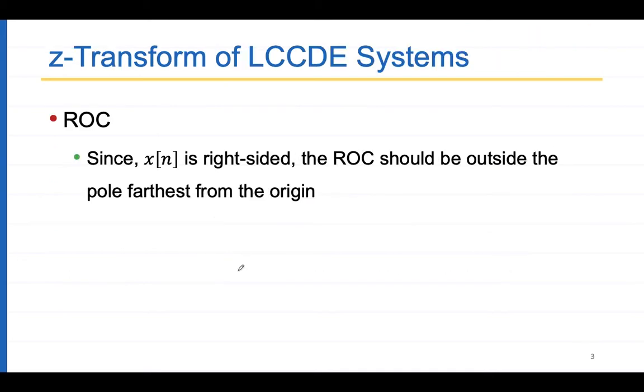Now if I want to take the Z transform of this system, how will it look? I know my x[n] is a right-sided sequence. Similarly, my y[n] will be a right-sided sequence, and so the ROC should be outside the pole farthest from the origin, so that infinity is included inside my ROC, region of convergence, right?